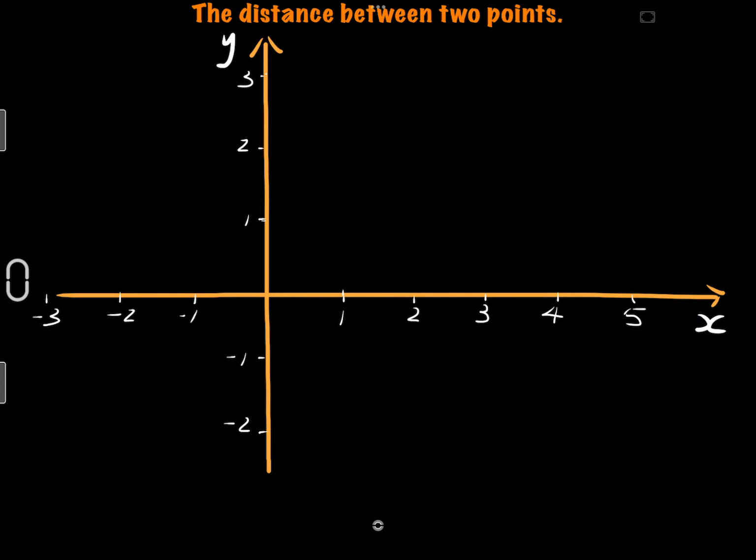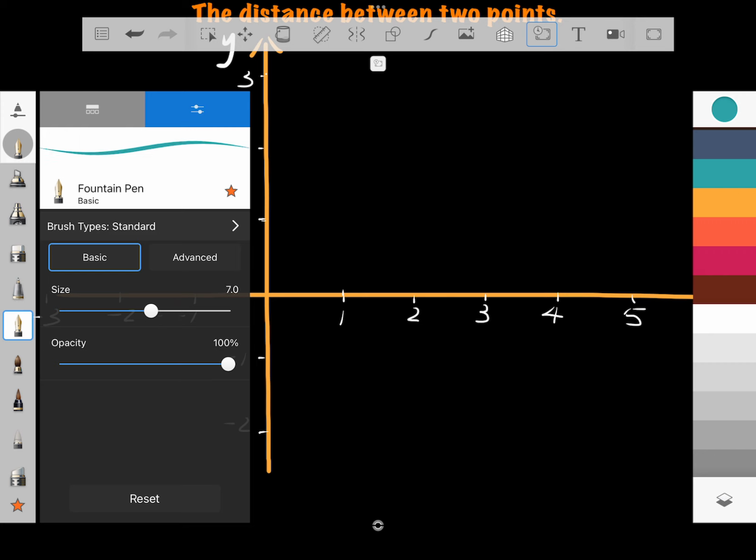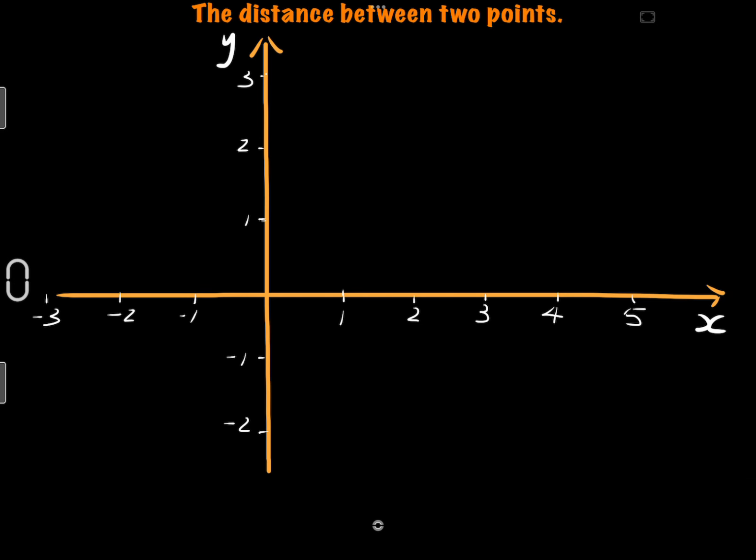Now, let's go ahead and indicate the actual figure, a right angle triangle. So we have at this point here, when x is negative 1 and y is 2, this intercept there.